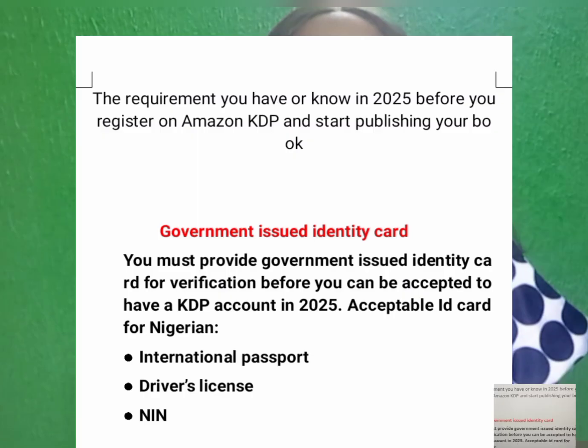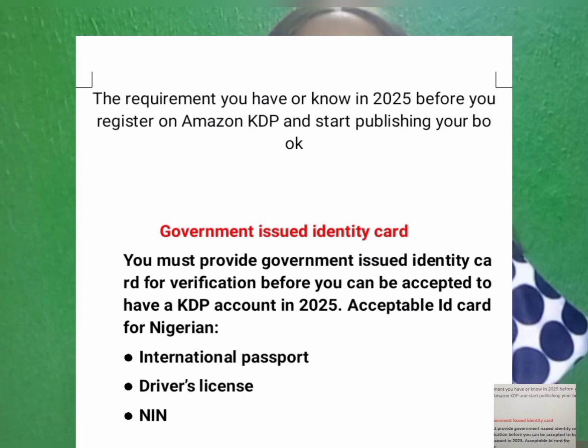Alright guys, welcome back. You need to have these requirements or know about them before you think of opening an account with Amazon KDP. Or if you have an account already but you have not published your book, you still need this information. So before you open your KDP account, you must have your government issued identity card. This identity card is for verification.